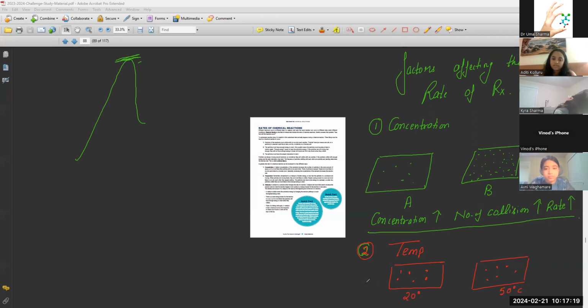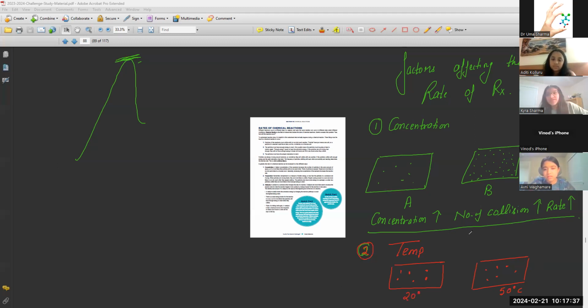Now, can you tell me which container will have higher rate of the reaction and why? 50 degrees Celsius, because there's more collision, because the kinetic energy is increased, so there's more collisions. Perfect. Very good thinking, Avni. Very good. What she's saying, children?